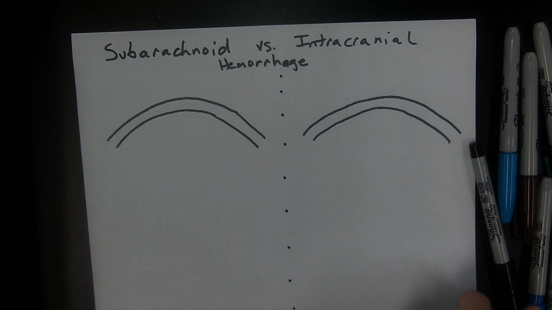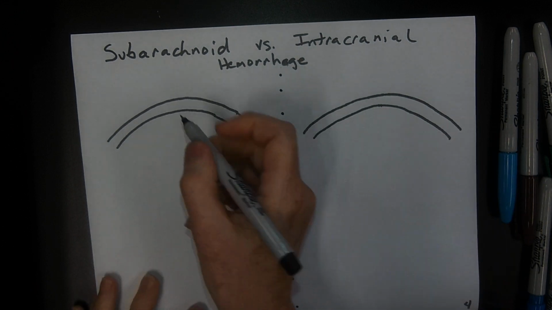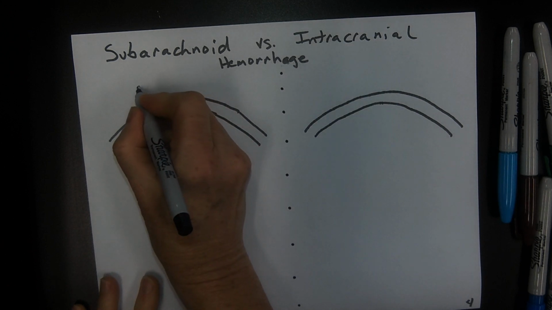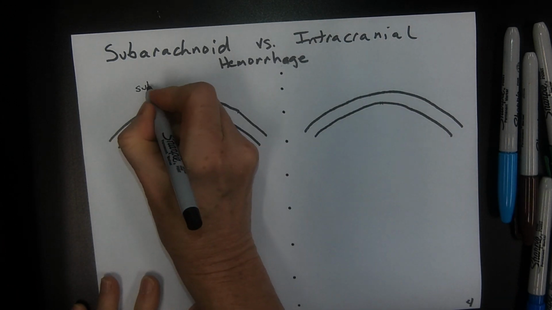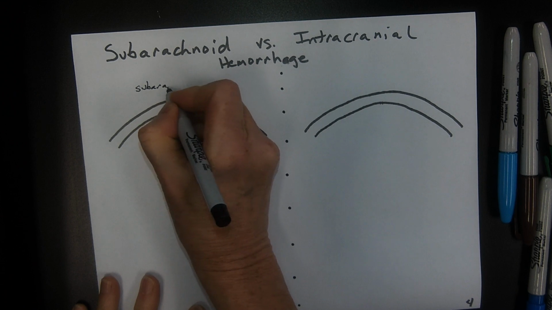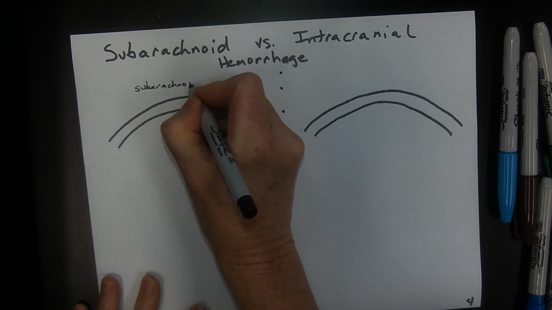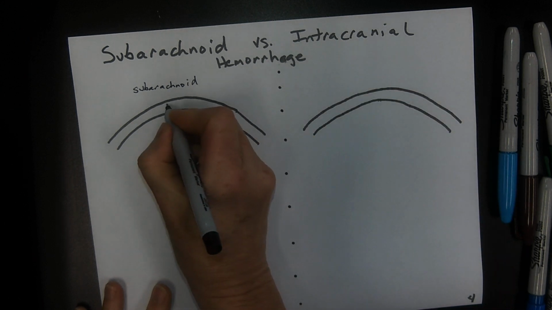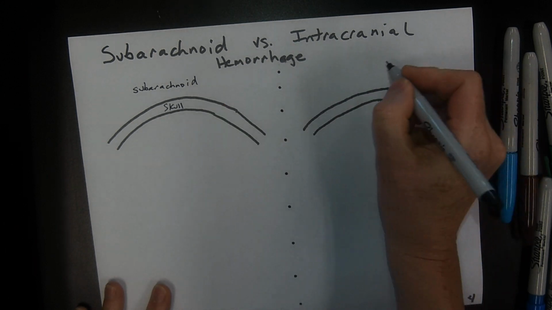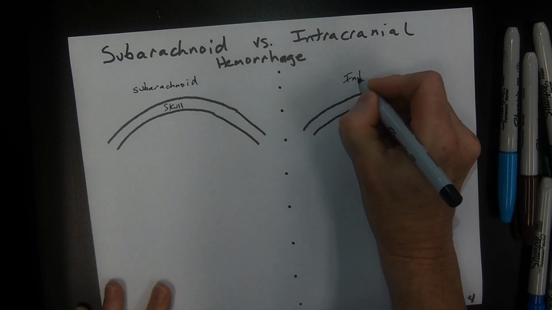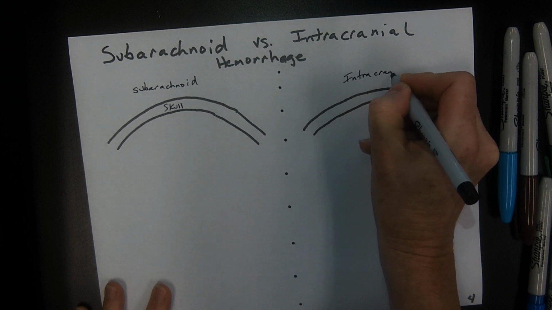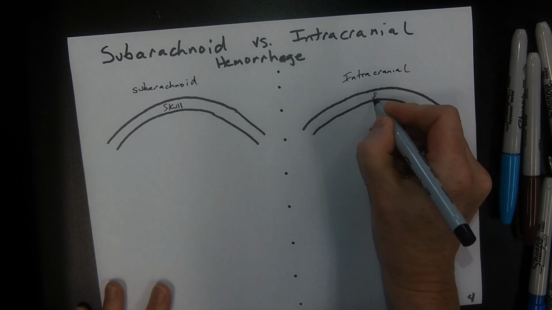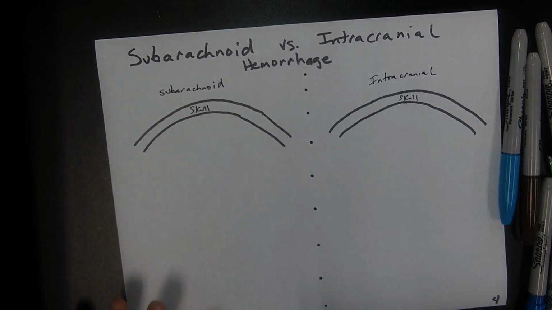These are my same frontal sections. I'm going to do the subarachnoid first. So this is a subarachnoid hemorrhage, and this side is your intracranial, and that's going to be your skull. Let's look at the subarachnoid first.